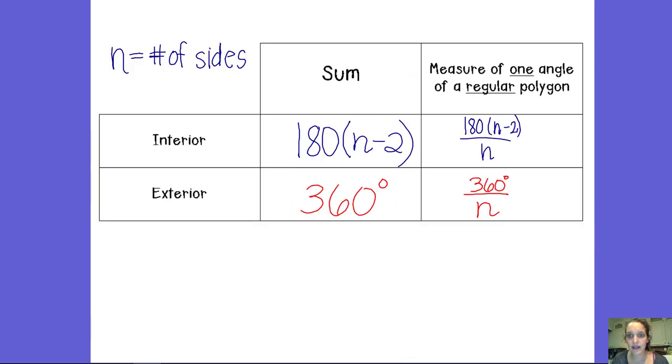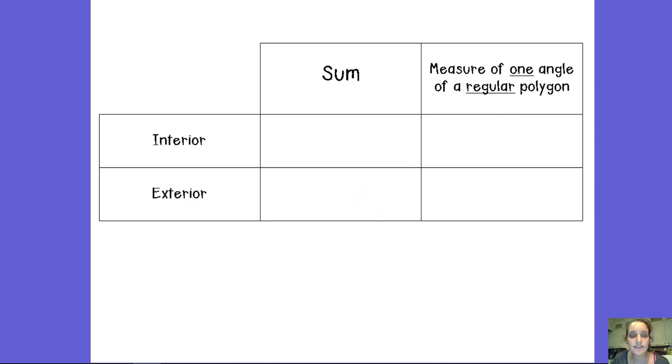So we have this chart that is something you're going to want to have memorized. It is super helpful. It helps you pick out the keywords and determine what formula you should use. So we've talked about this. N represents the number of sides or the number of angles.